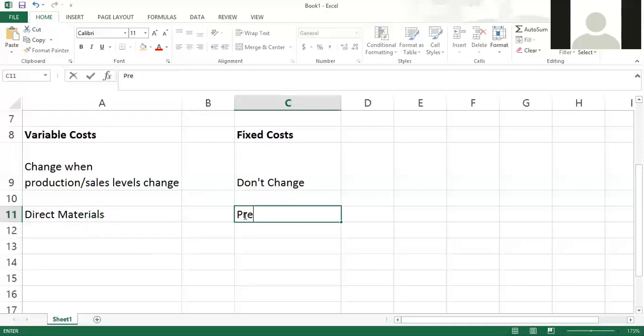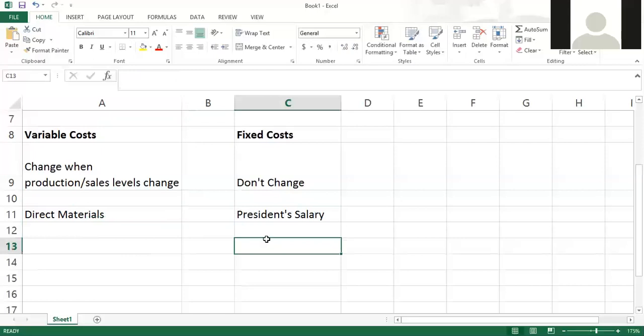In contrast, the president's salary is going to be fixed. It doesn't matter whether you made 1,000 units or 2,000 units. You probably have a contract with the president that says his or her salary will be this much per year. That's fixed.